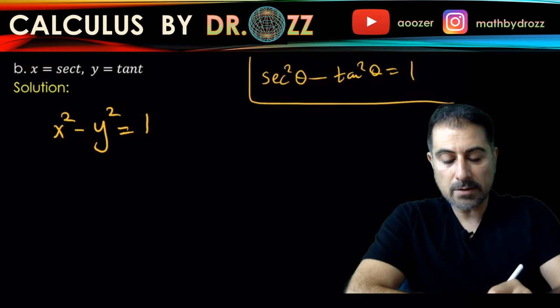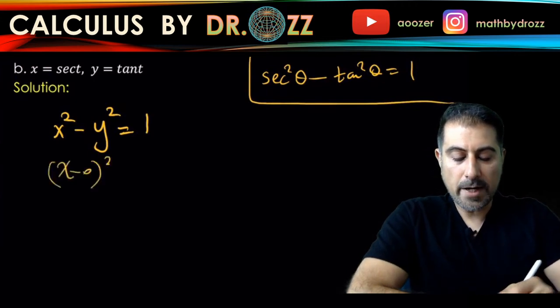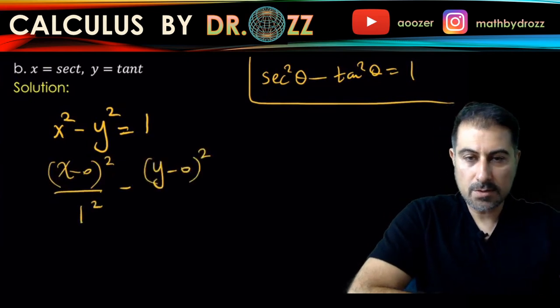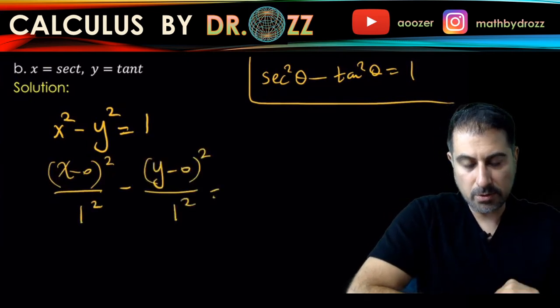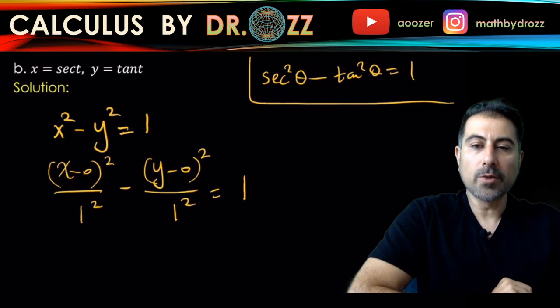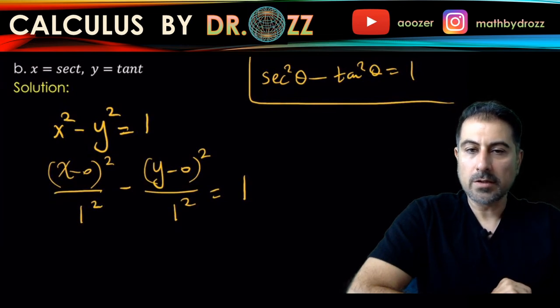So (x minus 0) squared over 1 squared minus (y minus 0) squared over 1 squared is equal to 1. This is the form. This is a hyperbola centered at the origin, and a and b are just 1.